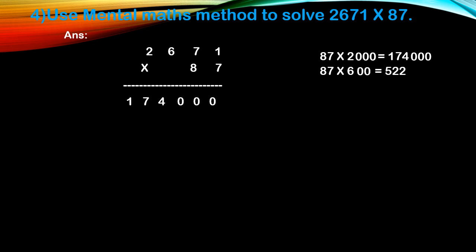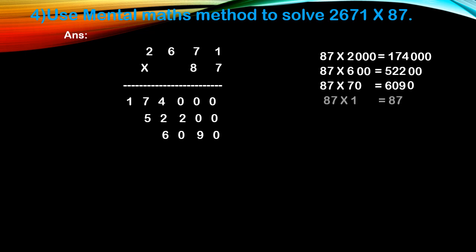That means 87 into 600, 52,200. Then 87 into 7, 609. 87 into 70, 6,090. Then 87 into 1, 87.